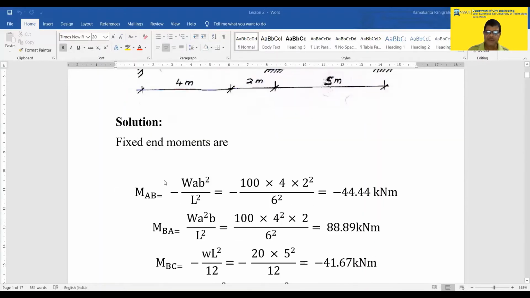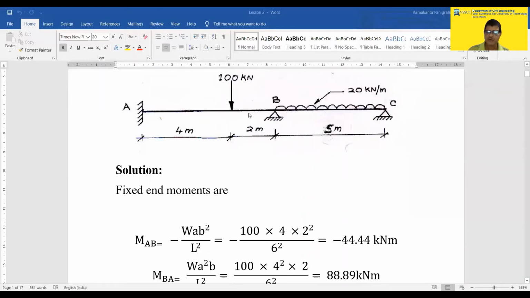That is why MAB is equal to minus W a b square by L square. W is given 100, a is equal to 4, b is equal to 2, and L is equal to 6. Now putting the values in the respective places and calculating, the value comes out to be 44.44 kilonewton meter, because the loads are in kilonewton and the span is in meter.